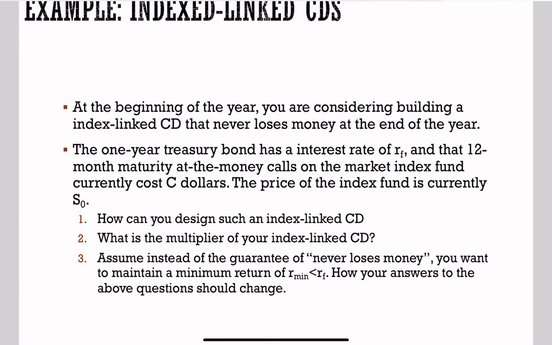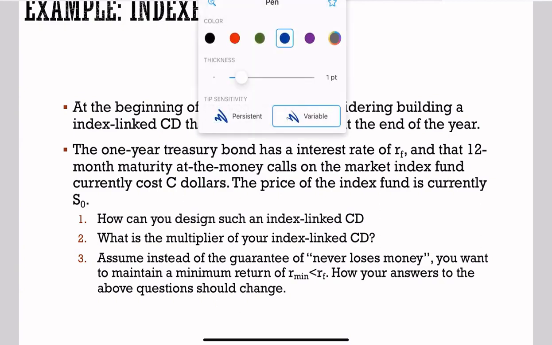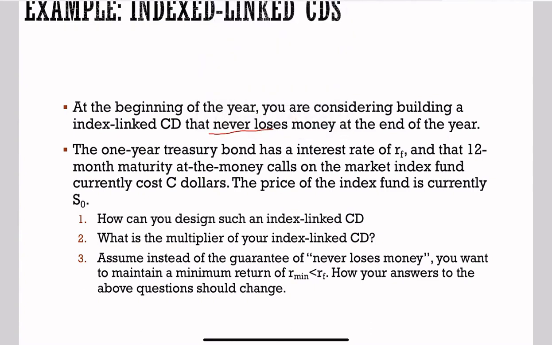So you have an investment horizon of 1 year, and the minimum return is 0%, because you just want your index-linked CD to never lose money. Now let's say a 1 year T-bond has an interest rate of RF, and a 1 year at the money call on the market index fund has a cost of $C, and the price of the index fund is S0.